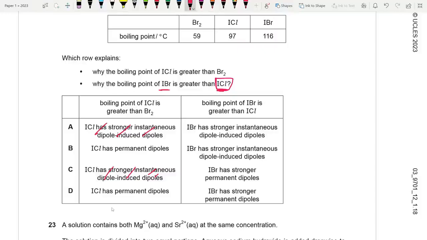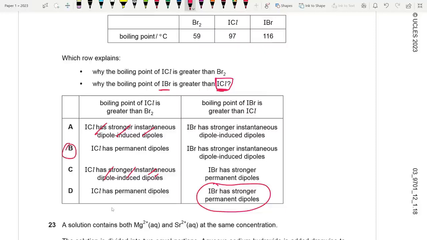That is why this is wrong. IBr does not have stronger permanent dipoles because the difference in electronegativity isn't greater than ICl, right? Because I showed you in the periodic table. So what could the answer be? The answer must be IBr has stronger instantaneous dipole induced dipole forces. There is no other reason, okay?